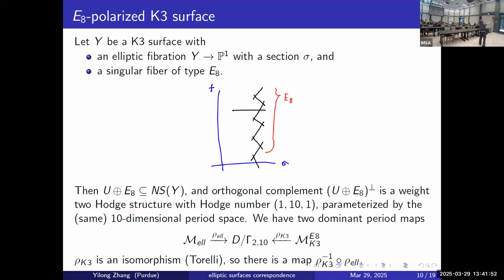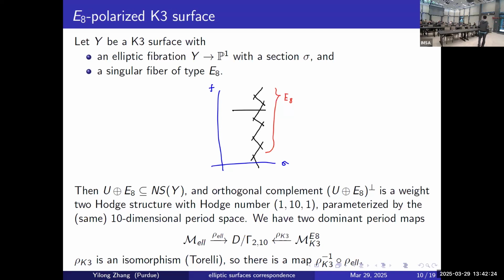So our polarization for this surface is that you take a fiber, you take a section, and then you take the 8 components, which are these ones times section, and then you have 8 rational curves. And they are going to span some sublattice of your Neron-Severi group. That part of the data is fixed. You just take the orthogonal complement, and that's the primitive homology, so we call it lattice polarized K3.